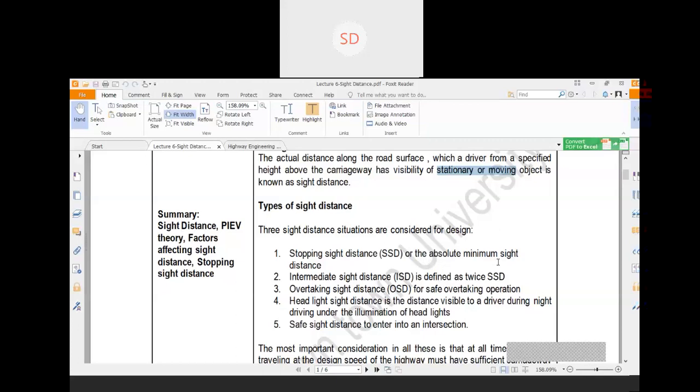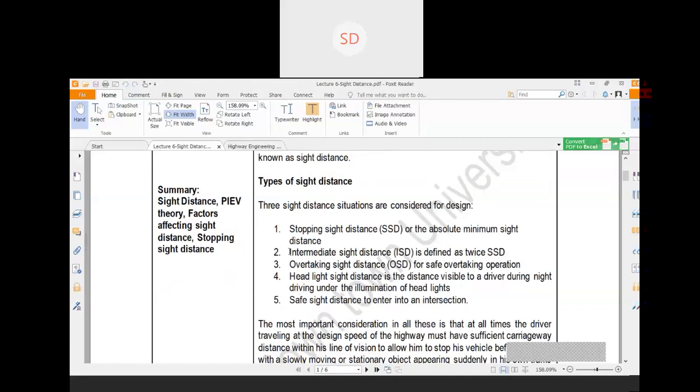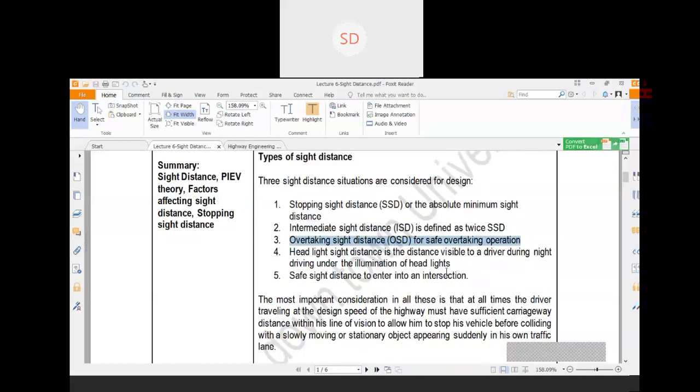Coming to the next, intermediate sight distance is defined as twice the stopping sight distance. Then overtaking sight distance, which is required for the overtaking operation of a vehicle. Then headlight sight distance.